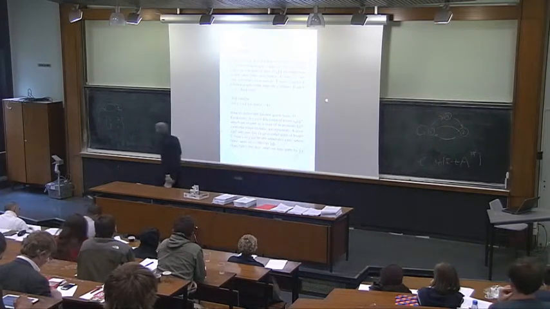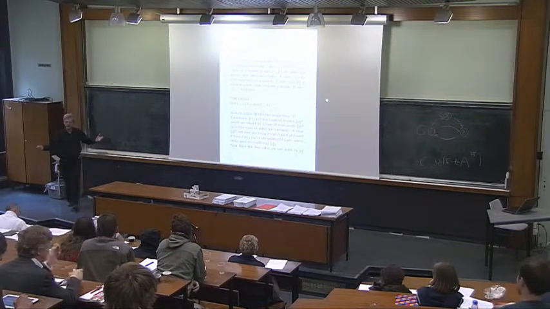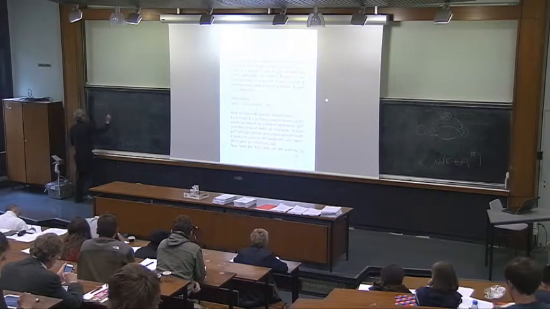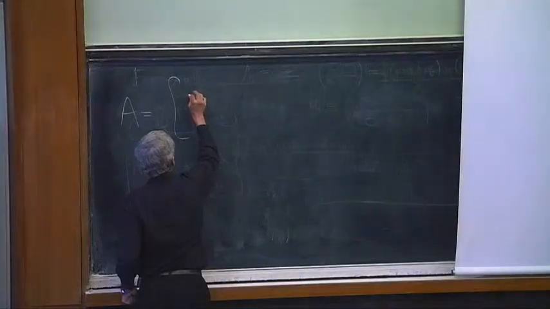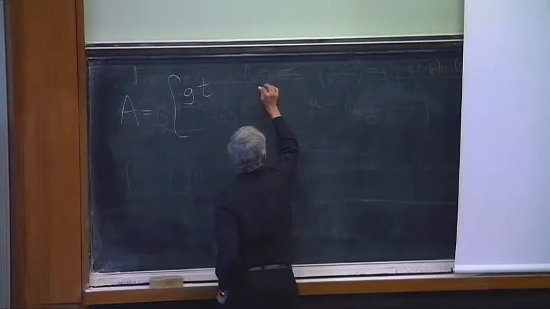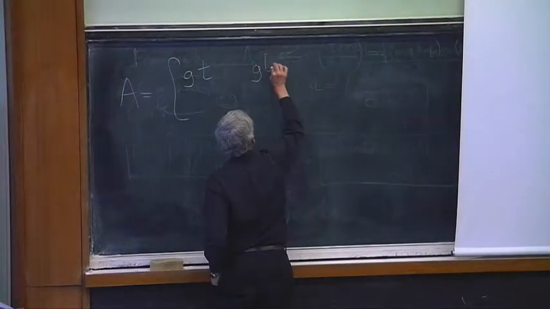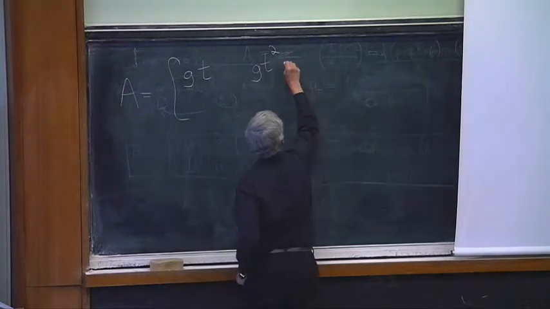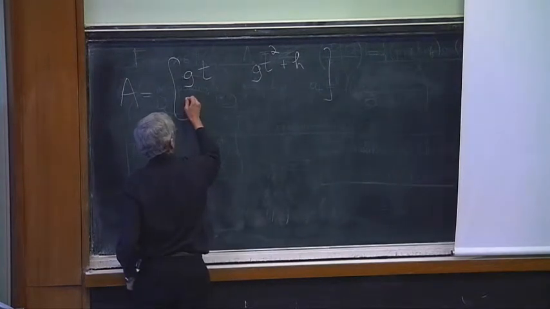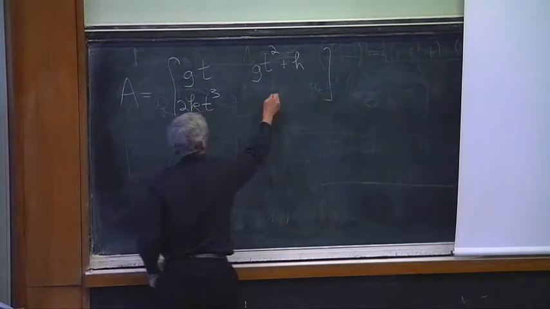So let's, I think again with just an example you can see how to do this. So let's look at a matrix which is, let's say, G T, G T squared plus H, let's say K, 2K T cubed.